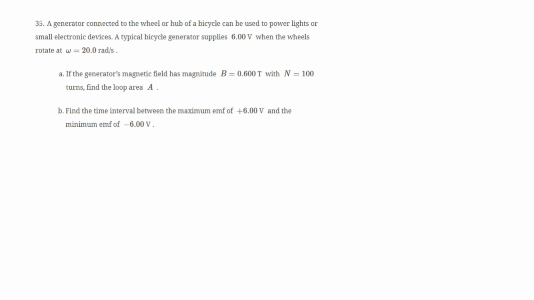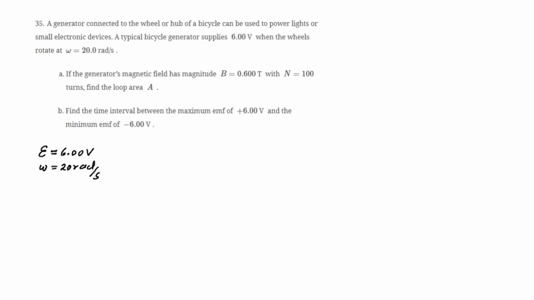So what do we know? The information given here is that the generator supplies 6 volts, so the electromotive force will be 6 volts. We also know that the wheels rotate with a frequency of rotation of 20.0 radians per second.